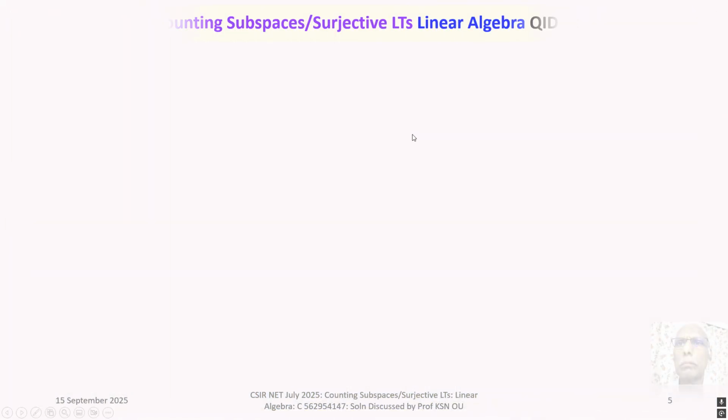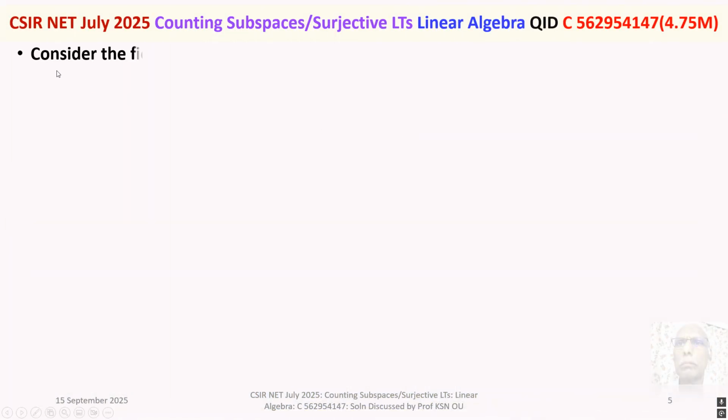The given question is, consider the field F3, consisting of 3 elements. It is a finite field consisting of 3 elements. That is, F3 is under addition modulo 3 and multiplication modulo 3. Its elements are 0, 1, 2.